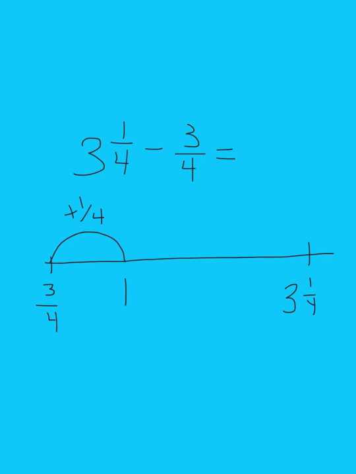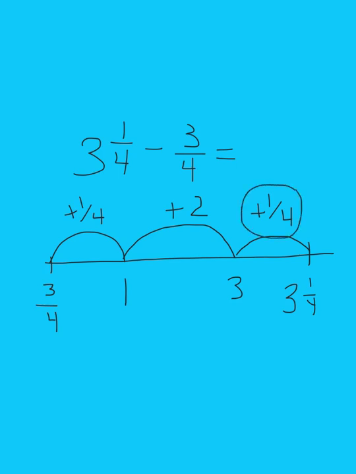Then we're going to count up to the next whole. Since we're going to 3 1/4, from 1 to 3, we're going to add 2 wholes. And then now we need to count up from 3 to 3 1/4, so we need to add 1/4.